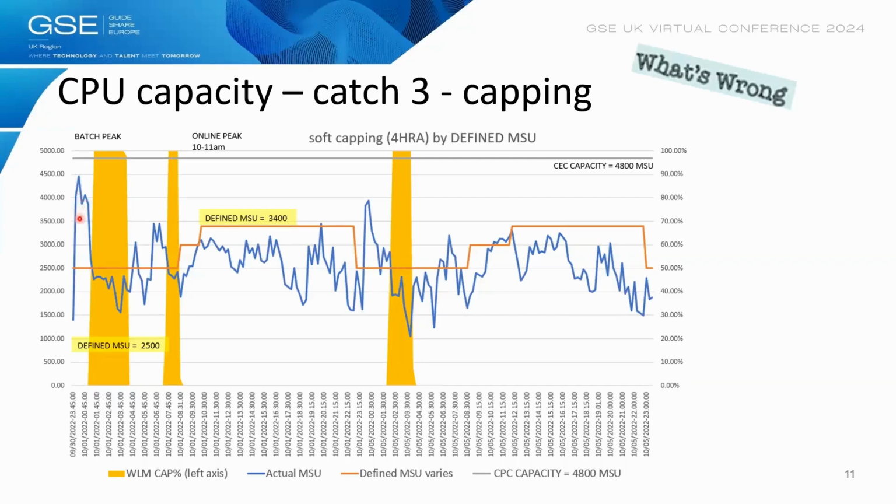So in the next period, which is coming, we have to lower the actual MSU. We have to cap the machine, not allowing it to exceed those 2,500 in our 4 hours period. So this machine was capped here from 1 a.m. till 5 a.m., let's say.